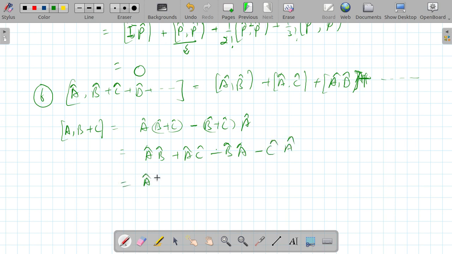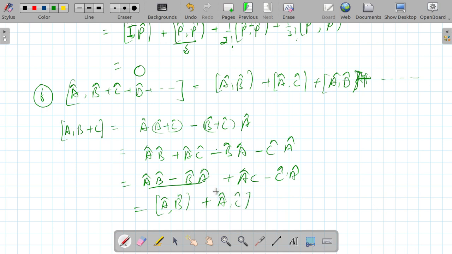So let me rewrite them together: AB minus BA, plus AC minus CA, so it is the commutator of A and B plus the commutator of A and C. In this way I can prove this also.